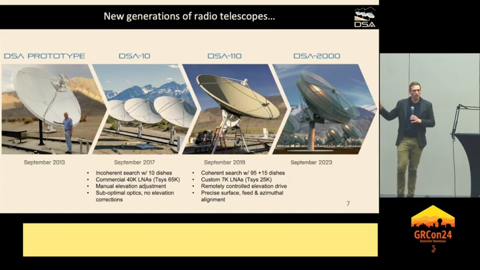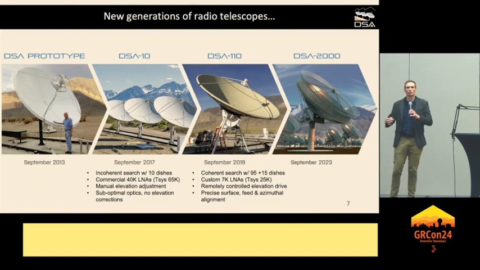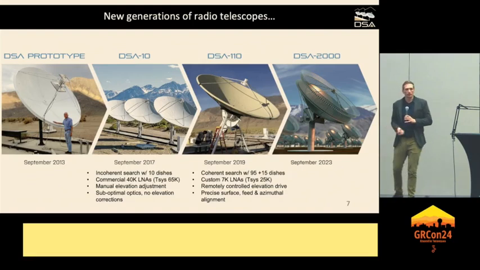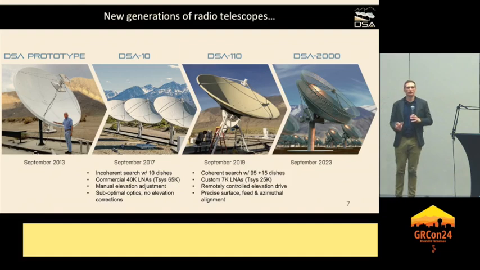So in 2013, we had our first dish that was just built as a prototype to measure noise properties of the receivers and see what the limitations are, how many antennas we would need to reach the right sensitivity to produce science. Five years later, in 2017, we had the DSA-10, which is 10 antennas, just incoherently summing the data of all these antennas.